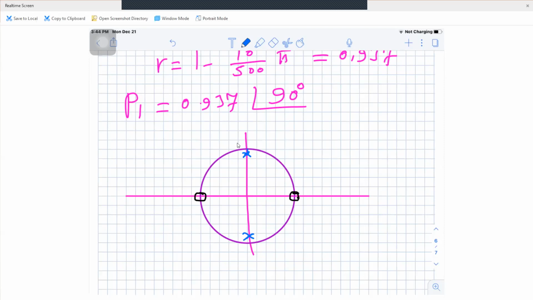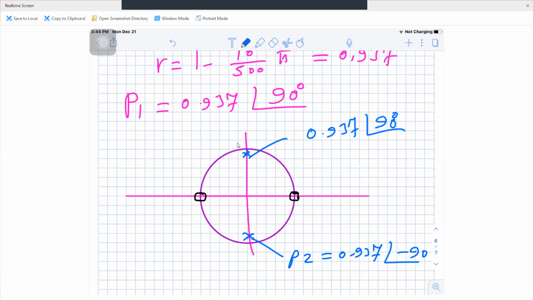So we have another pole called P2 equals 0.937 with angle equal to minus 90 degrees, and P1 will be 0.937 with angle equal to 90 degrees. So I have added P2 to get complex conjugate poles. So at the end of the day, we will get real coefficients of a_k and b_k.